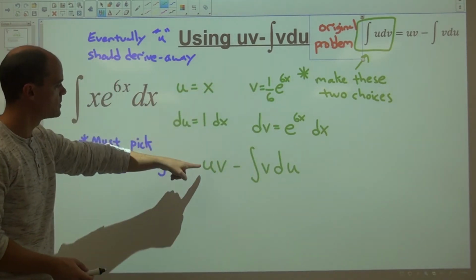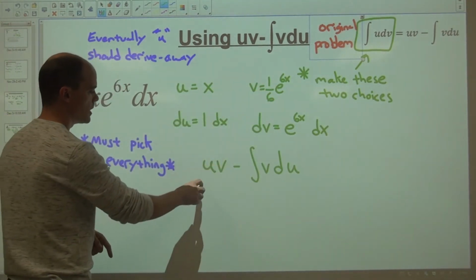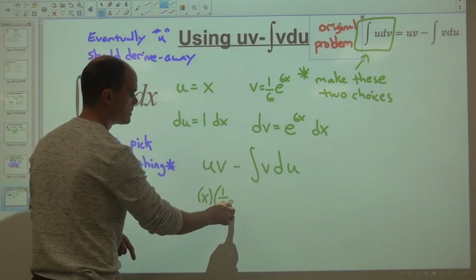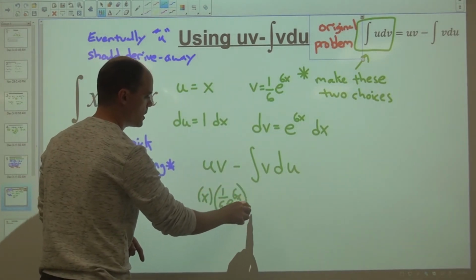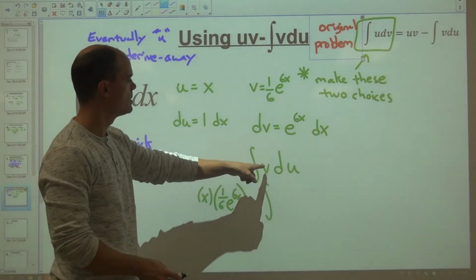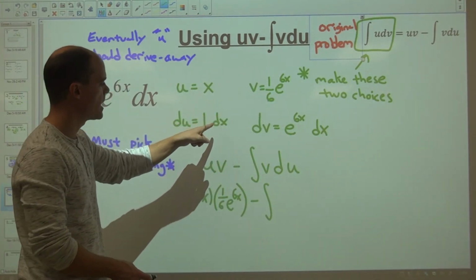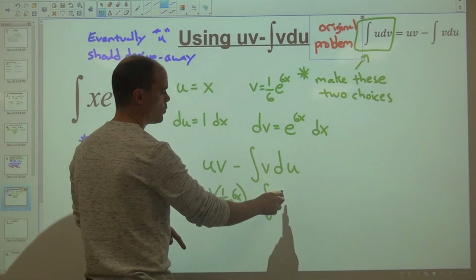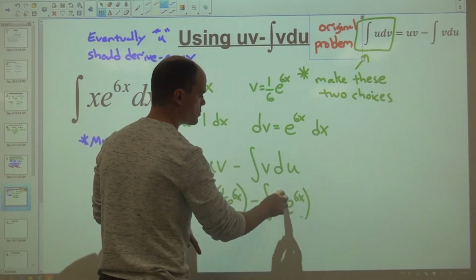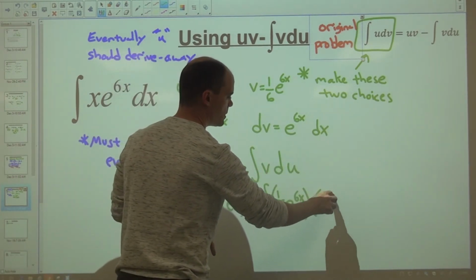So the x goes in for u, the v goes here, so I end up with x times 1/6 e to the 6x minus the antiderivative of v, which is right there again. du is just 1 dx. So I end up with 1/6 e to the 6x. That's v. du is 1 dx.